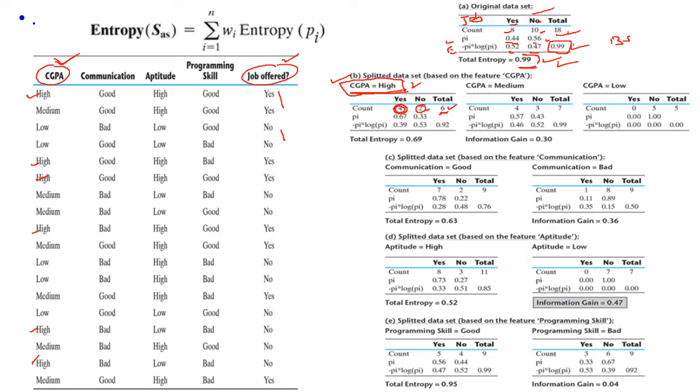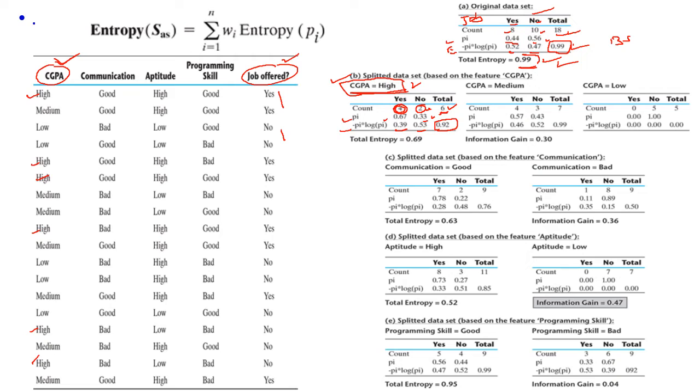Now let us compute pi, that is 4 by 6, which is equal to 0.67, and 2 by 6, which is equal to 0.33. Then minus pi log pi is 0.39 and 0.53, and the total is 0.92.